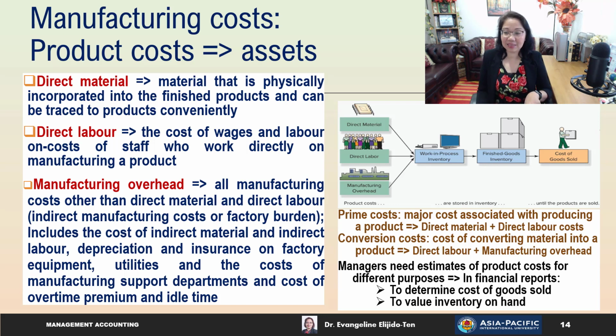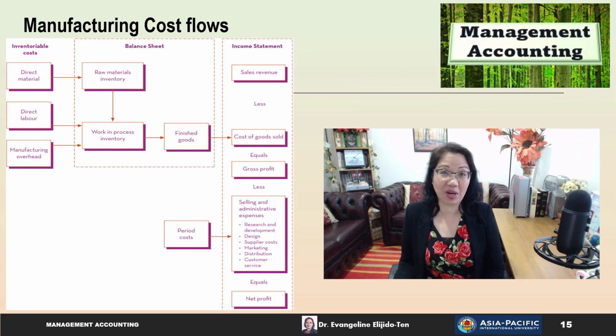Managers need estimates of product costs for different purposes. So in financial reporting, for example, we need the cost to determine the cost of goods sold and also to value the inventory on hand. And in a manufacturing environment, there are 3 types of inventory. So again, here is another pictorial representation of the manufacturing cost flow.